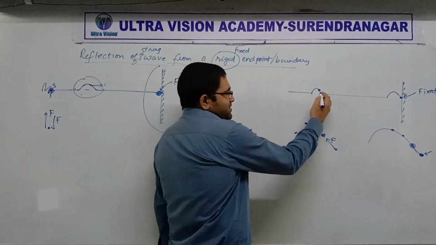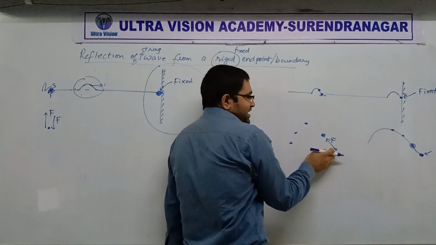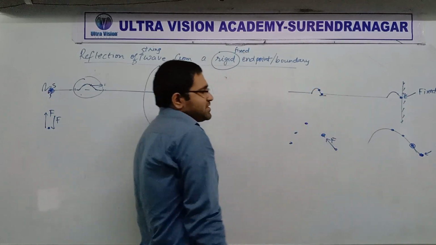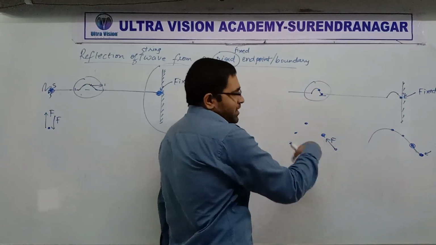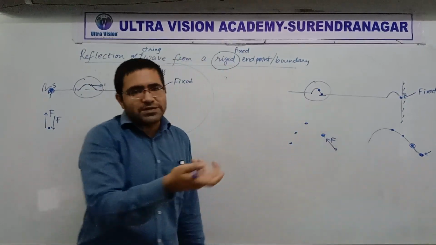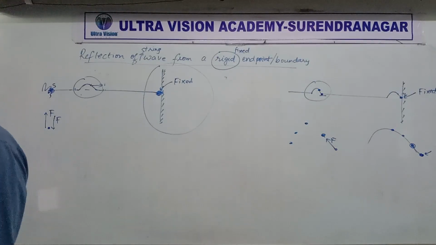Yes or no? So that's why the wave will travel and then this point will also rise. Clear or not clear? Each point will pull the next point up. Clear? Each point pulls the next point up.